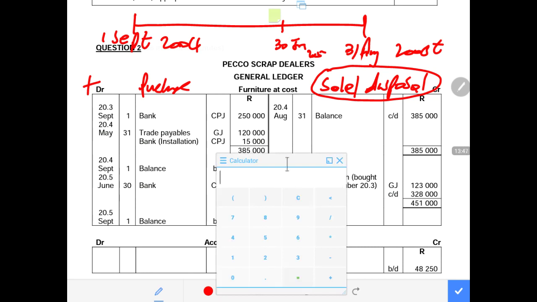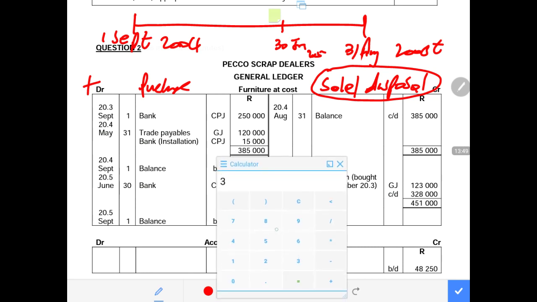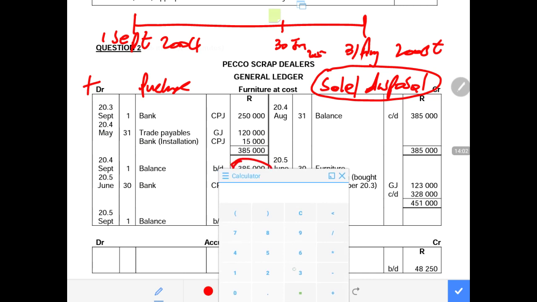And also remember, now we had furniture that amounted to 385,000 rands, and we sold furniture that amounted to 123,000 rands, meaning these are the old furnitures. 385,000 rands minus 123,000 rands. So now this becomes 262,000 rands.